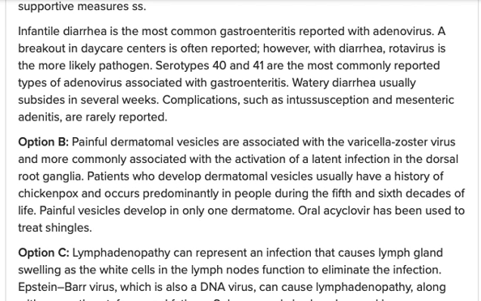Serotypes 40 and 41 are the most commonly reported types of adenovirus associated with gastroenteritis. Watery diarrhea usually subsides in several weeks. Complications such as intussusception and mesenteric adenitis are rarely reported.